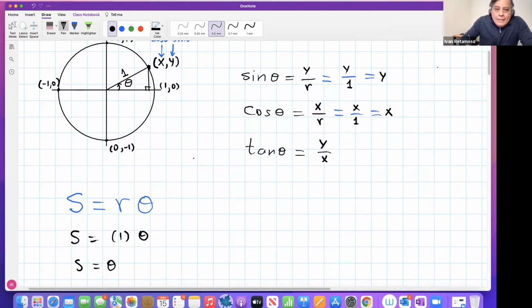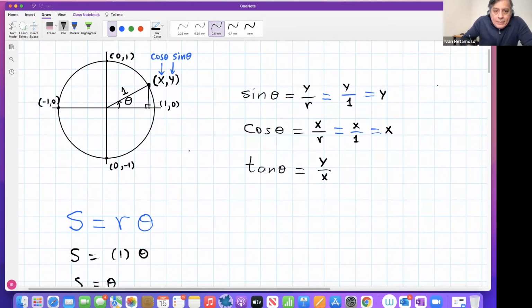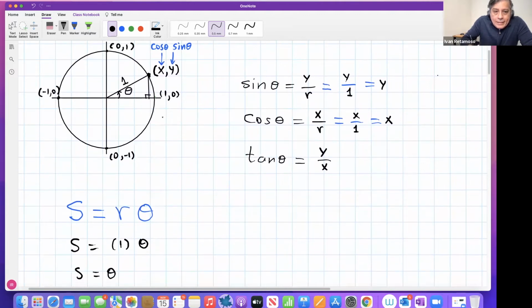Aha. What does it mean? It means that in the unit circle, this arc length and the angle are numerically the same, which allows me to set up a one-to-one correspondence between the angle and the length of this arc.